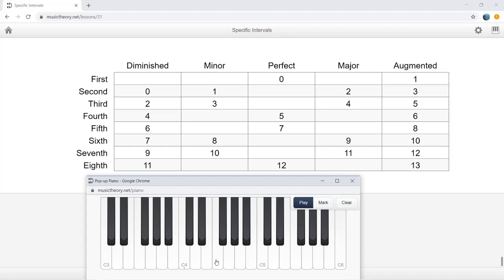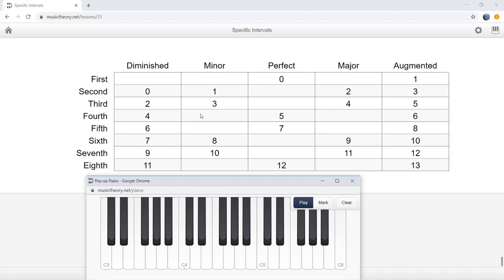Augmented second would be three half steps up. So if I went from the space of F to the line of G, if I had a G sharp, that would still be a second because I'm going from a space to a line, but then I have three half steps in that.